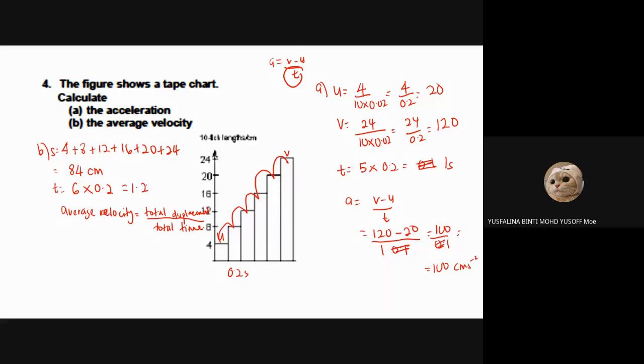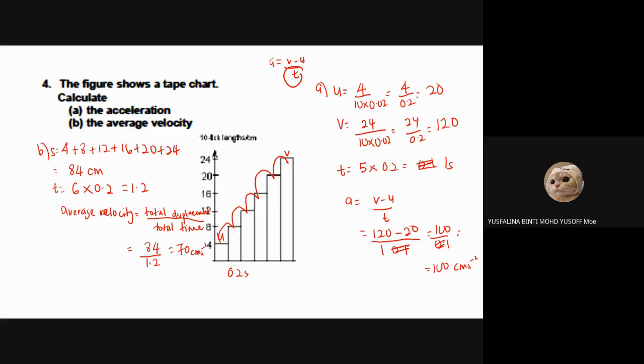Then you can use the formula. The total displacement is 84. 84 divided by 1.2, so we get 70. So 70 cms negative 1.